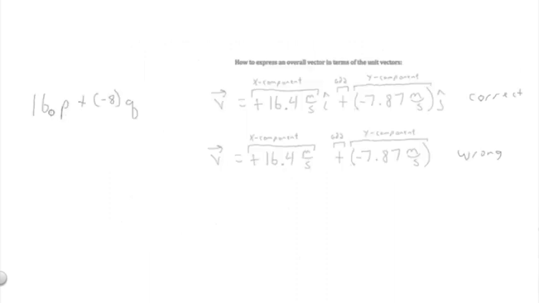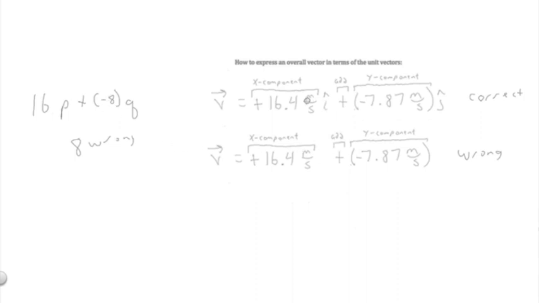If you had the expression 16p plus negative 8q, I hope you know enough algebra to see that you can't just do 16 minus 8 and get an 8 out of that. That would be wrong. You can't just subtract the 16 and the 8 here because these are unlike terms. Because this has a p and this has a q, they're unlike terms, and that means that you don't combine the 16 and the 8 directly in a subtraction.